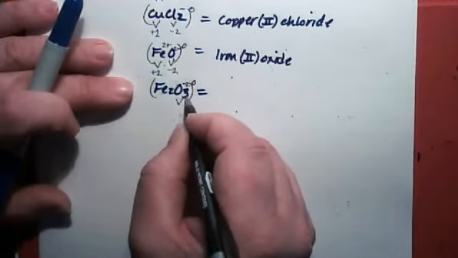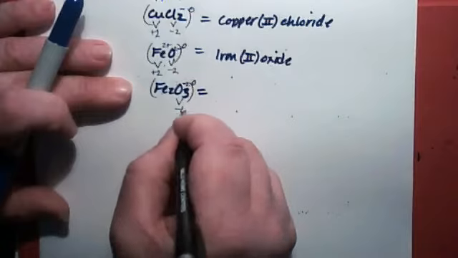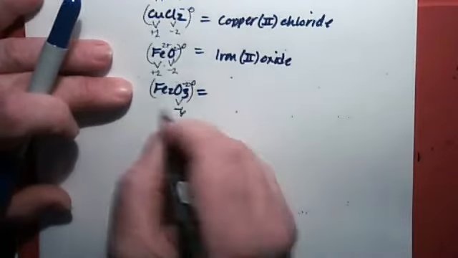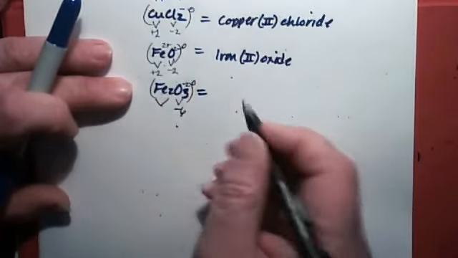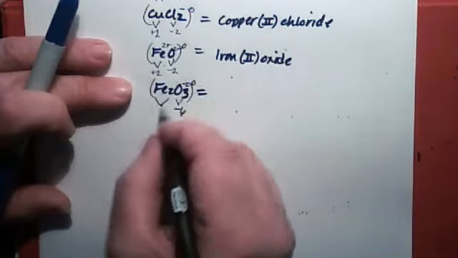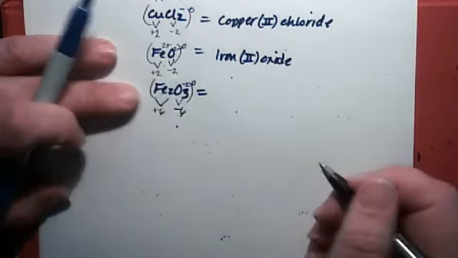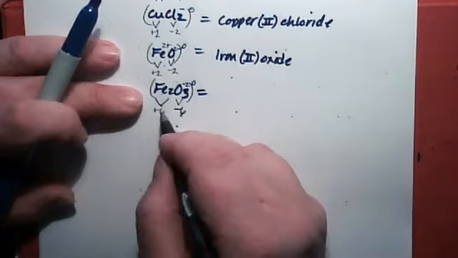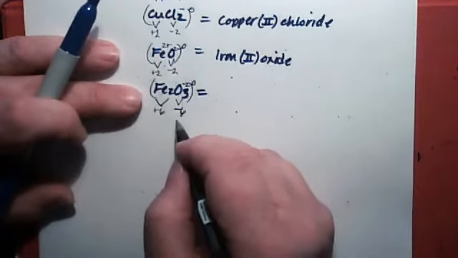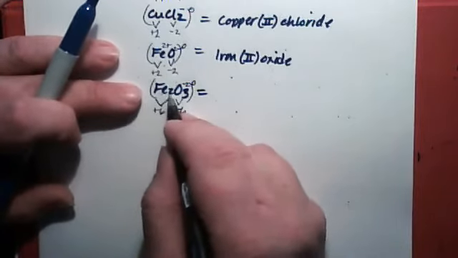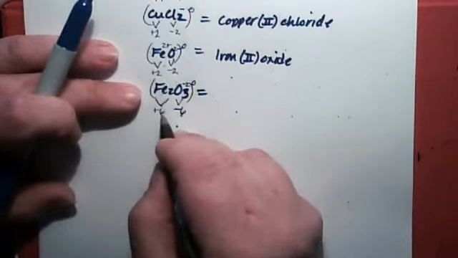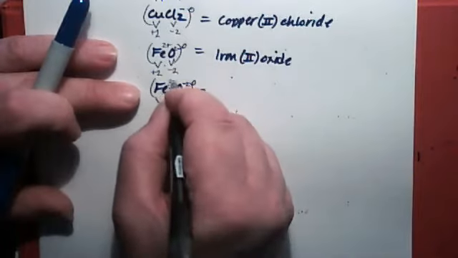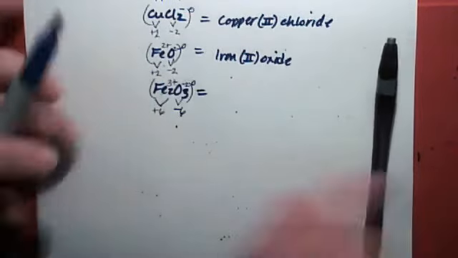So -2 times 3 is -6. And we know that the iron part of the molecule has to be +6 to bring the -6 up to 0. It's +6 - 6 is 0. This time, though, there are 2 iron atoms to share this +6 charge, so each iron atom is going to be +3 each.